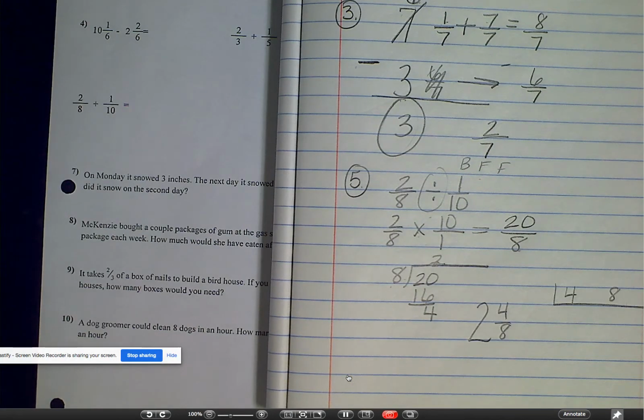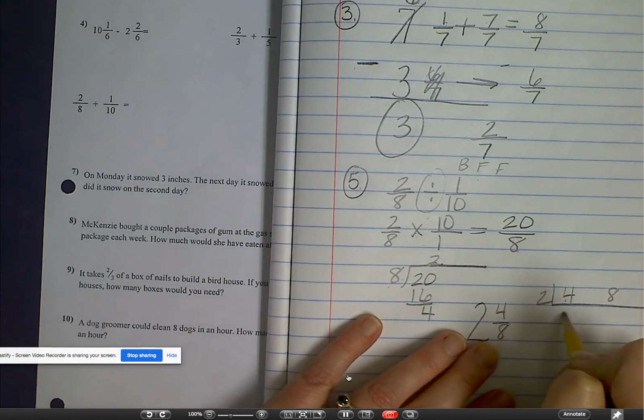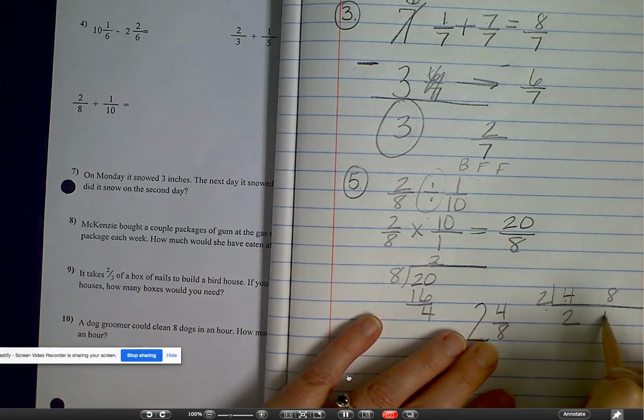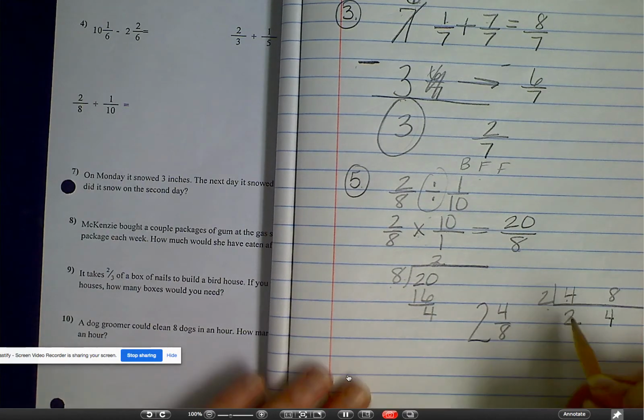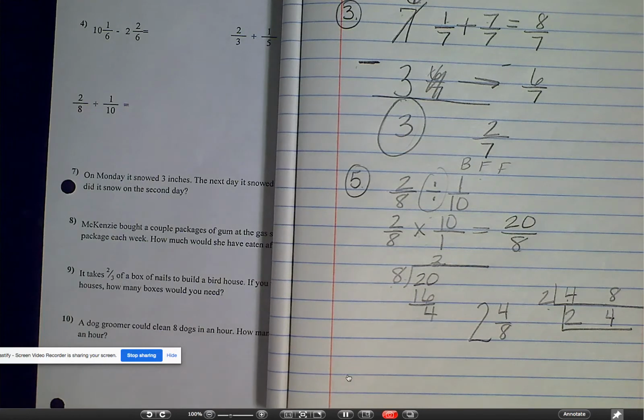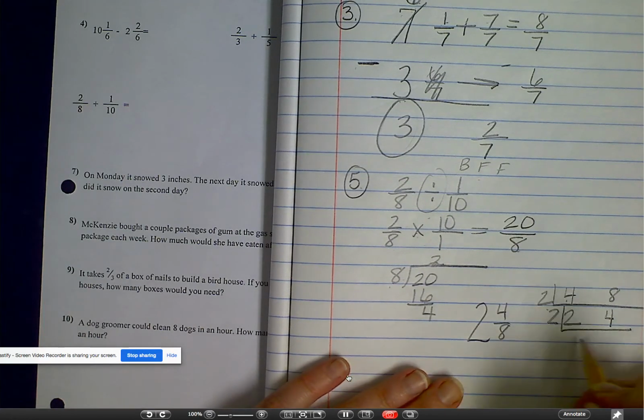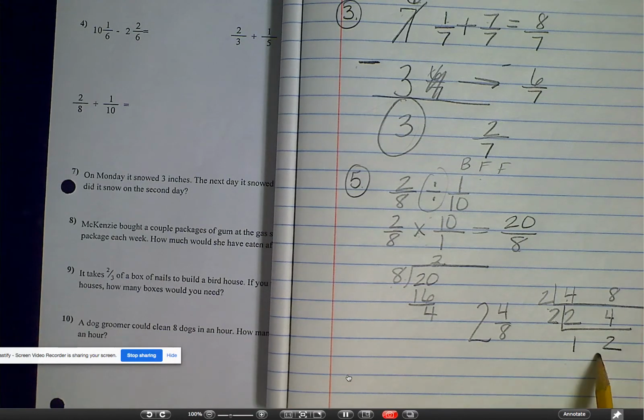All right, and now I'm going to pull out a prime. So I'll pull out a 2. 2 goes into 4 twice. 2 goes into 8 4 times. Still not done, right? So I can even go smaller than that. I'm going to pull out a prime, 2. 2 goes into 2 once. 2 goes into 4 twice. These are right next to each other on the number line, and this one starts with a 1.